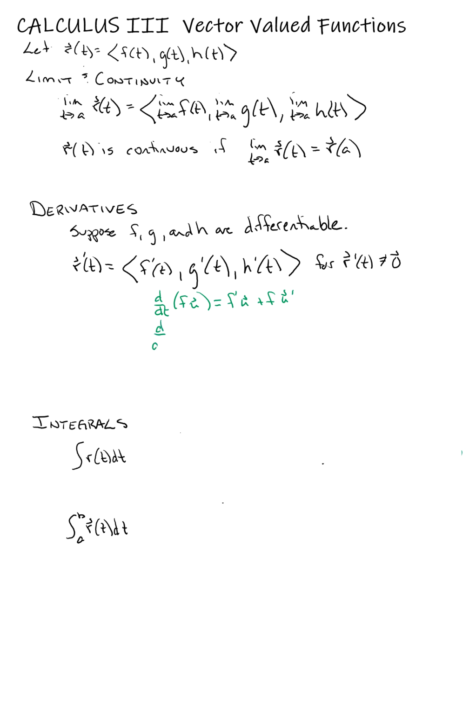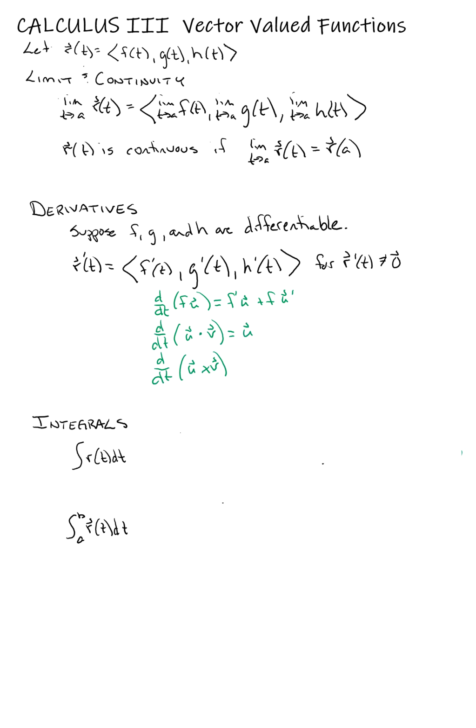Notice though, again, f is a function, u is a vector-valued function. Now what if I have two vector-valued functions? I've got vector u and vector v. Remember, there are two ways of taking the product. There's the dot product and there's the cross product. However, the product rule works exactly as you would expect it to.